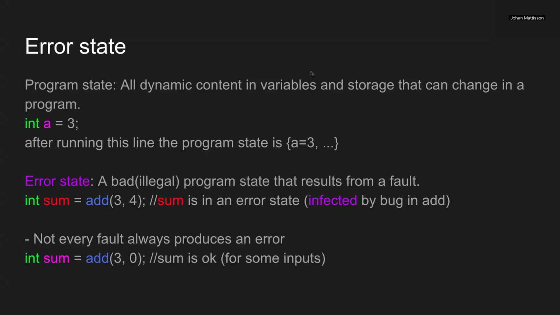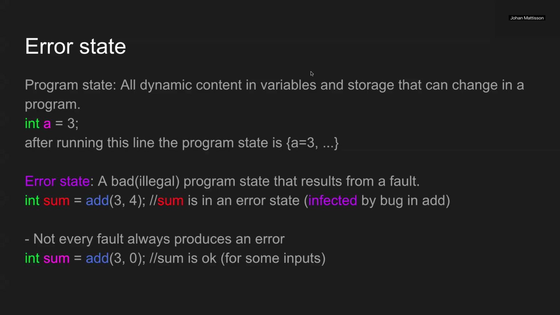So the program, when we run it, and if we run 3 and 4 as the input, we get an error state because the sum will be wrong, right? And then we say it's infected because of that, basically.